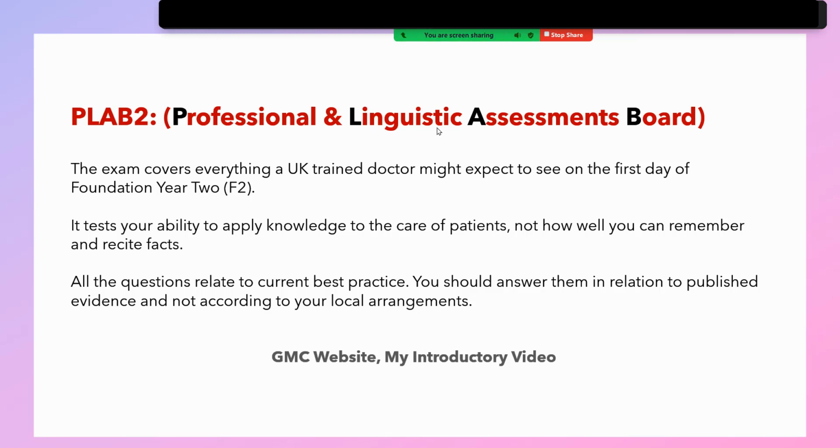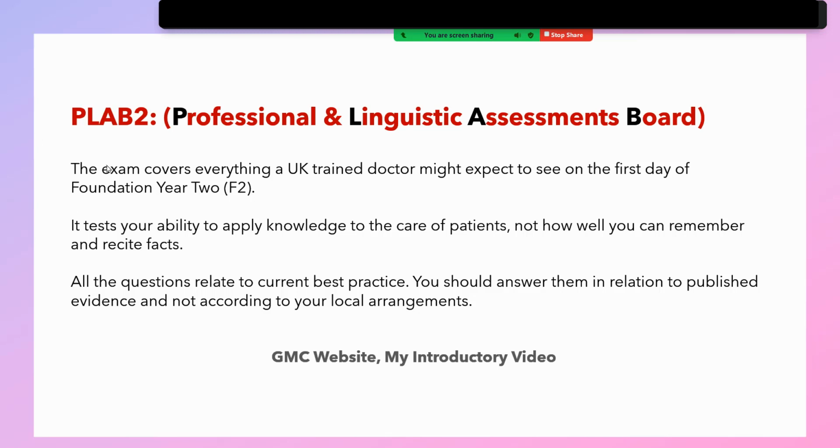Linguistic means that this exam tests your language with your patients and your colleagues. How you are going to be approachable, understandable, and simple to your patients, and how you are going to be supportive and friendly to your colleagues.